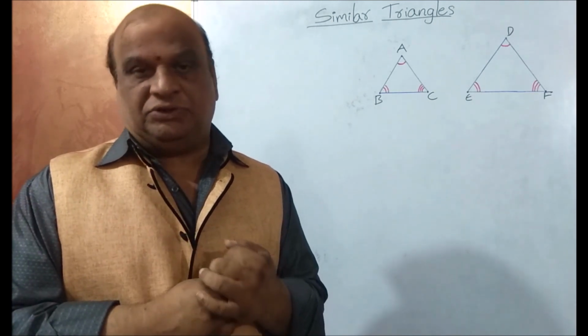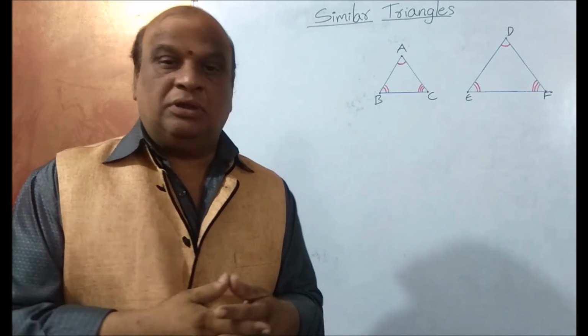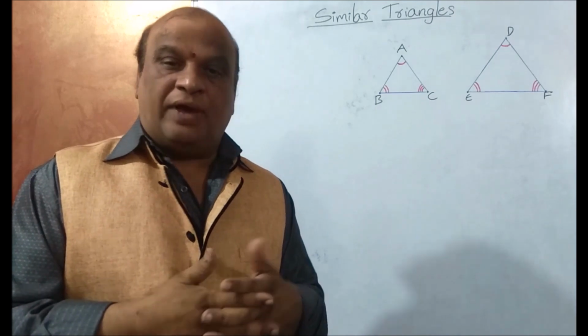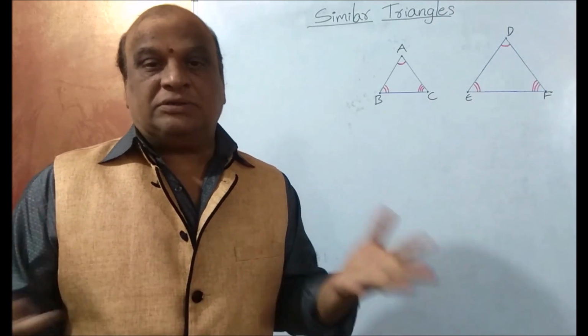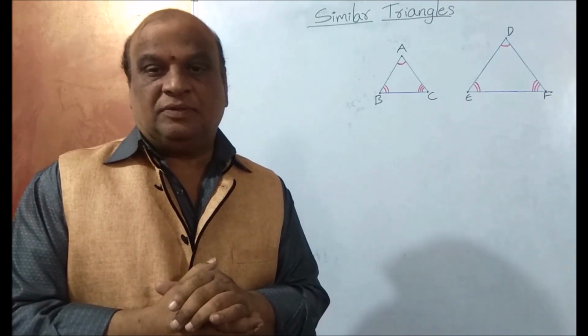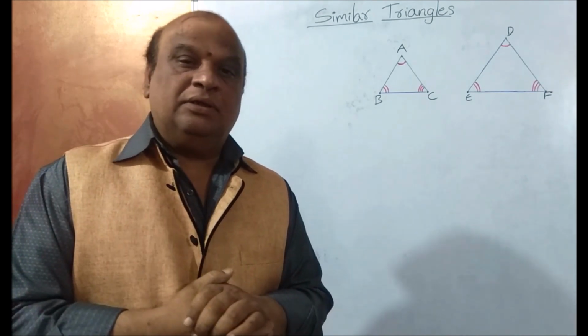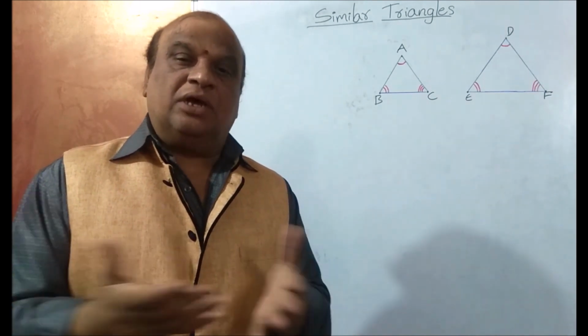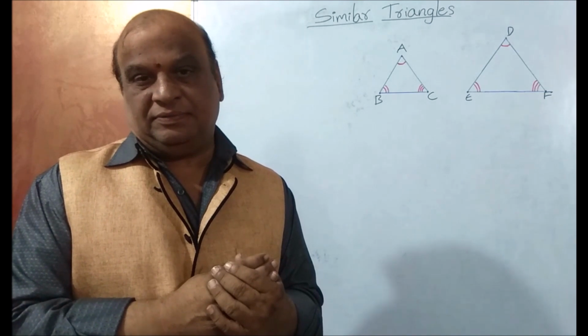Suppose you observe the fan, the blades of a fan: 3 blades are there. The 3 blades are congruent figures.